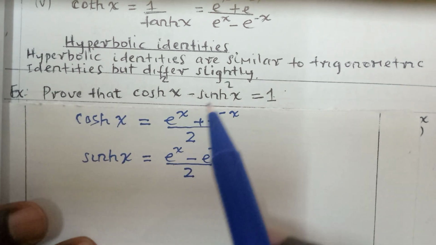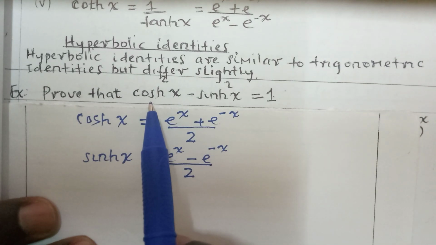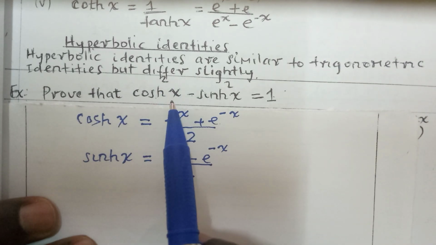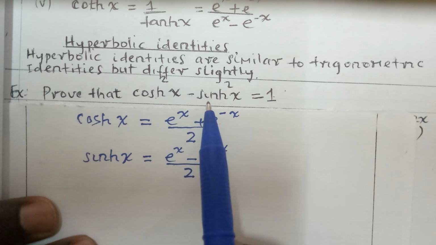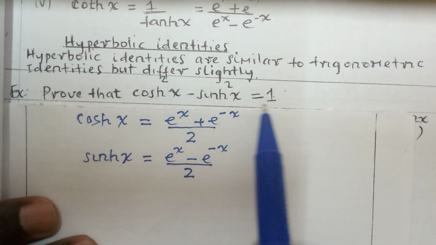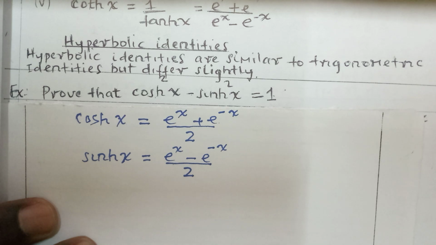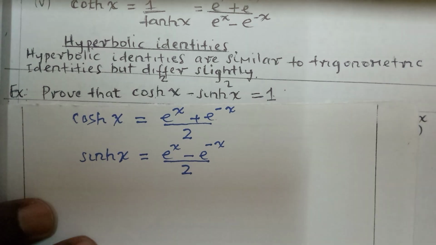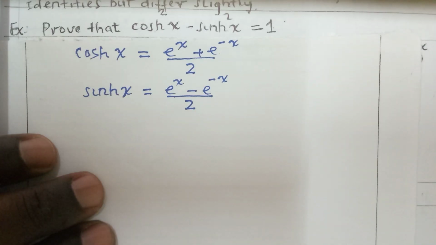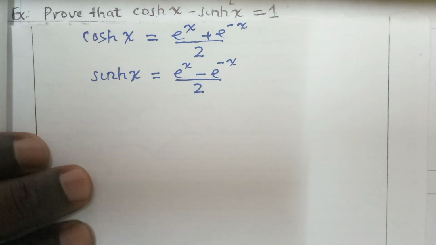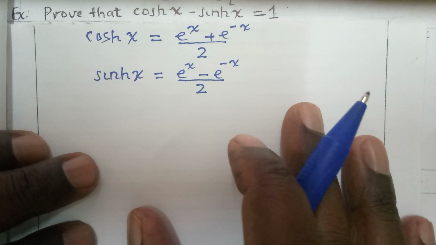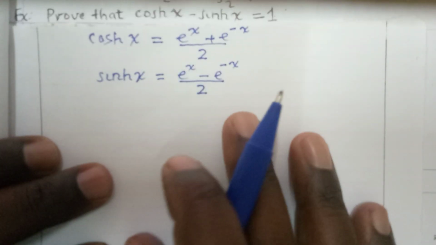What is required for us is to prove that cos hyperbolic squared x minus sine hyperbolic squared x is equal to 1. How do we go about that? Let me first of all write the equation once again, so that it will be here.